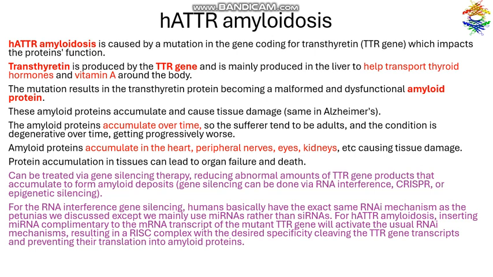It's basically the exact same, except that in humans, instead of having small interfering RNAs form complexes with the RISC, we have microRNAs form complexes with the RISC, but it's the exact same thing.